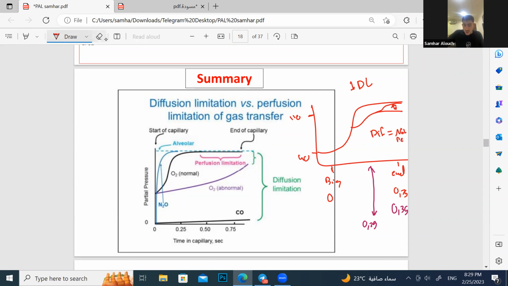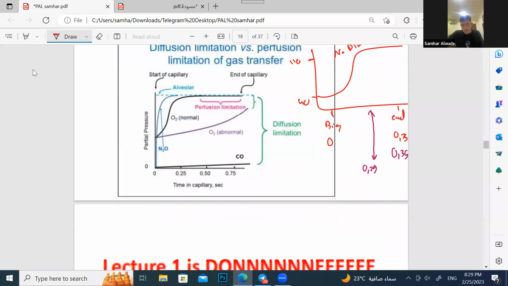But if we actually reach the max, then we are not diffusion limited, and so we are perfusion limited. No matter how much we increase perfusion, the amount of blood, we already reached the max. Okay. And that sums it up.